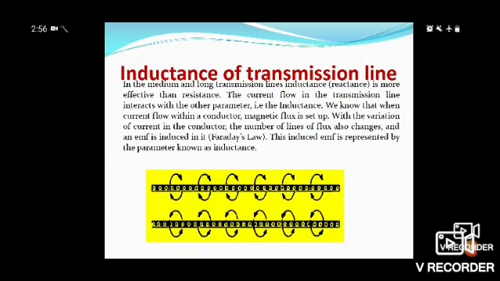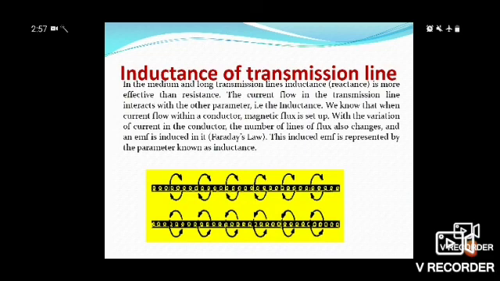And the next one is the inductance of a transmission line. So what does inductance mean? It is defined as the loop inductance per unit length of line. It is the sum of the inductance of both wires for unit line length, which can be given as henries per kilometer.